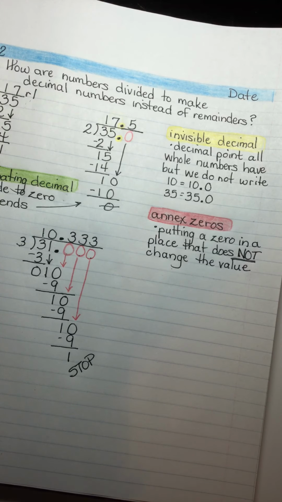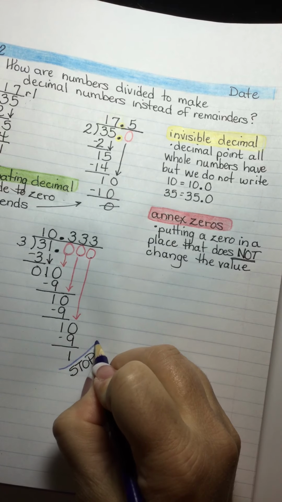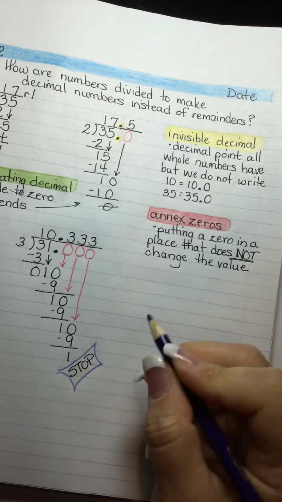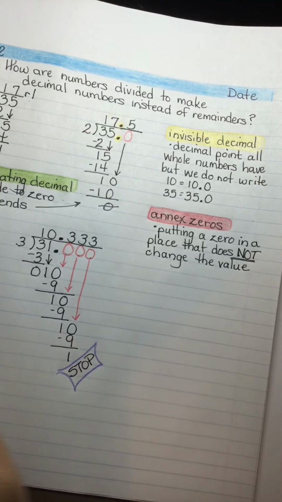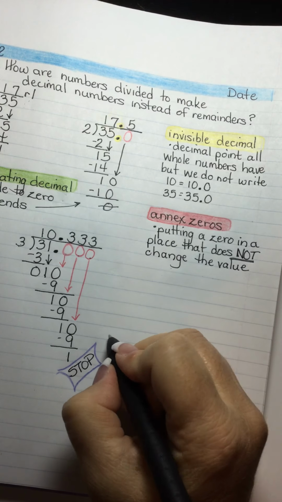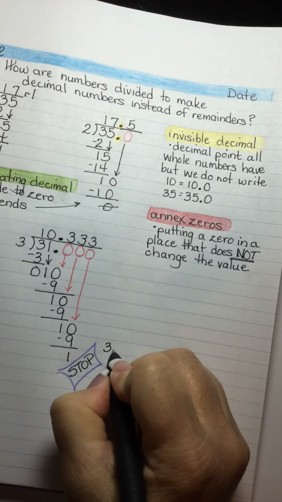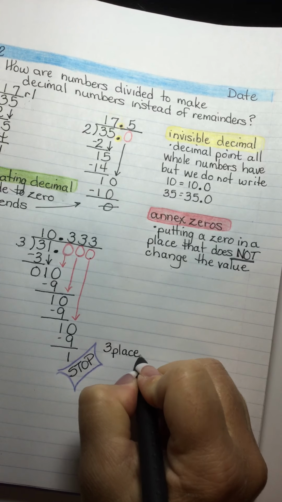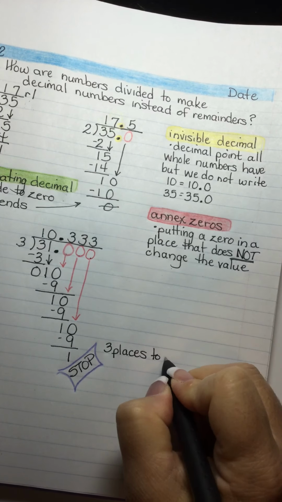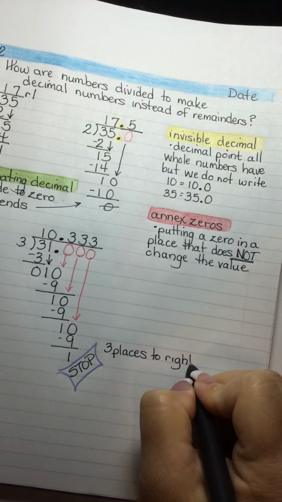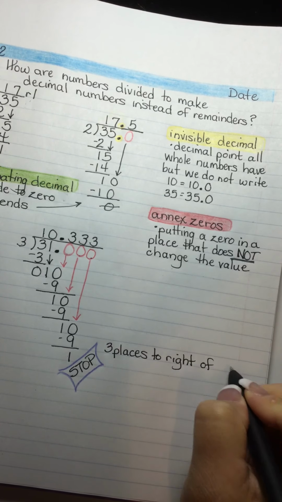And I'm giving you permission to stop once you have gone 3 places. Okay? Three places to the right of the decimal point.